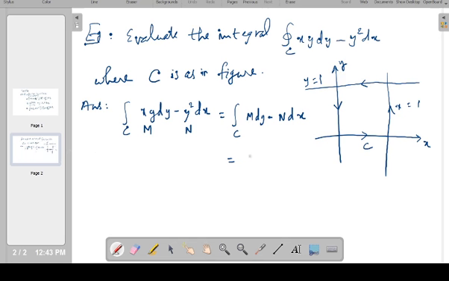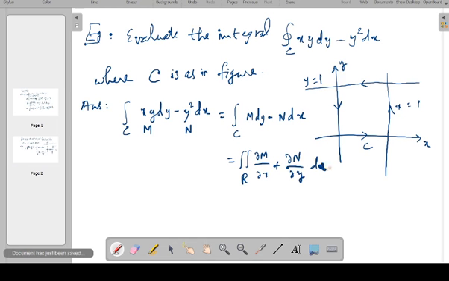So this is equal to the double integral over R of dou M by dou x plus dou N by dou y dx dy. So what is your M? M is xy. And what is N? It is y square. So what is dou M by dou x? Dou M by dou x is y, plus dou N by dou y.